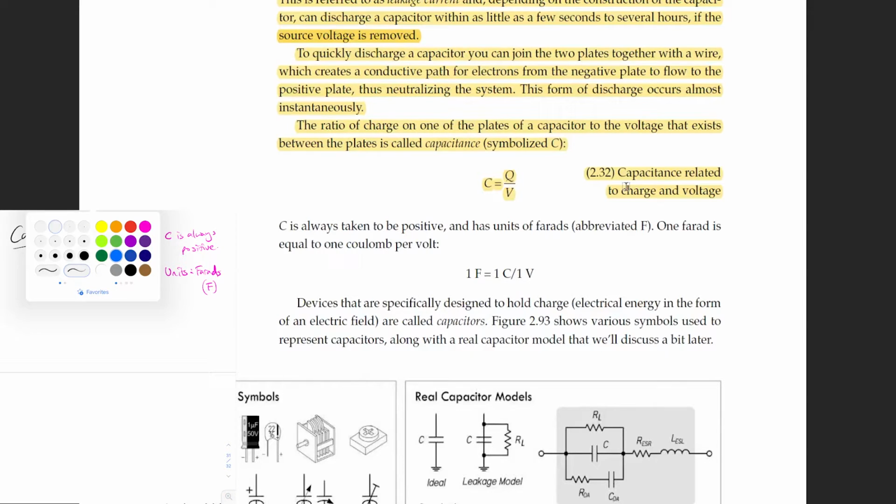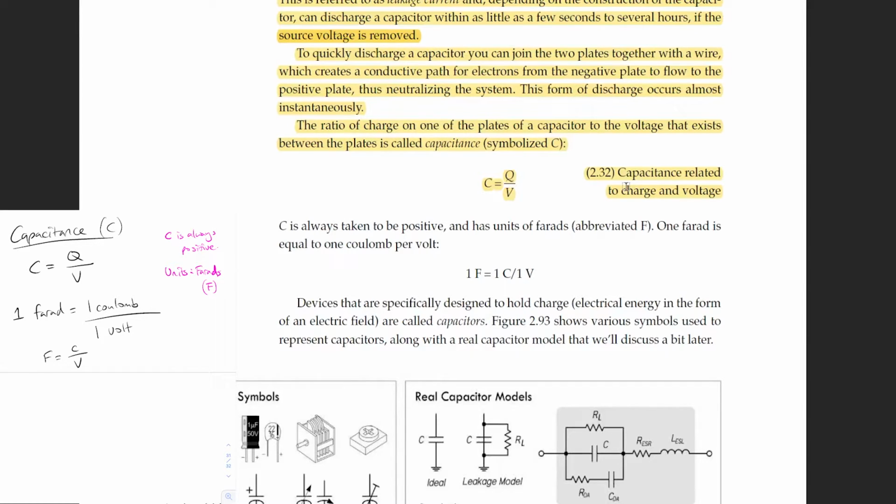So, 1 farad equals 1 coulomb divided by 1 volt.